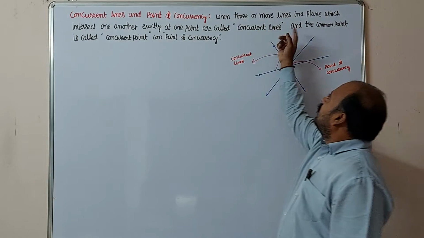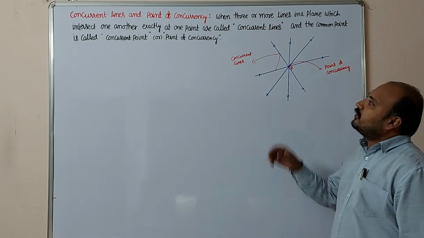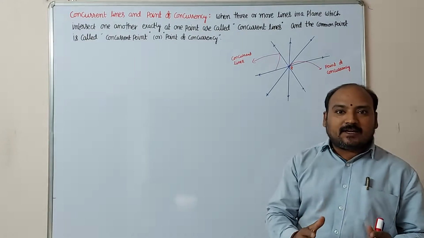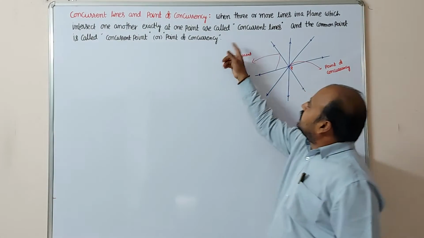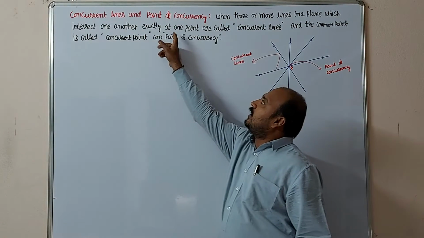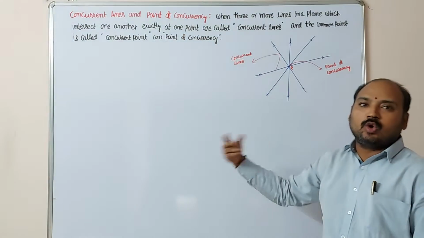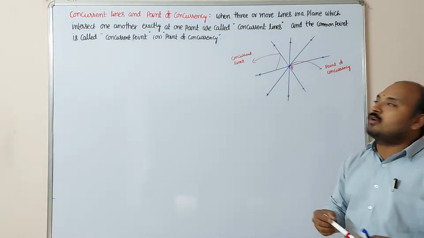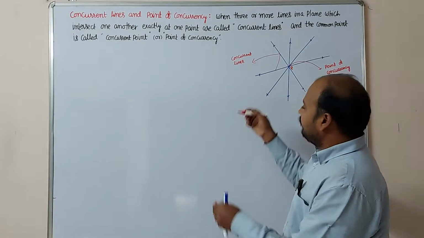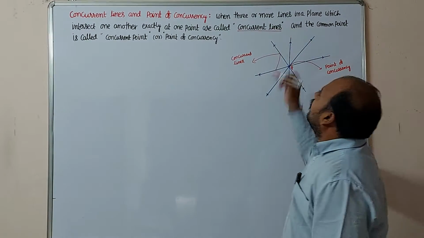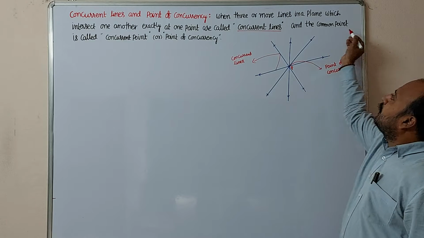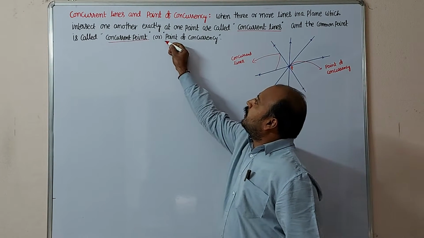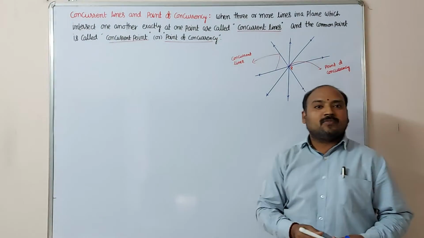When three or more lines in a plane intersect one another at exactly one and only one point, they are called concurrent lines, and the common point is called the concurrent point or point of concurrency.